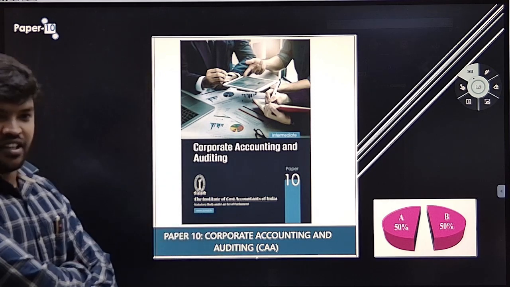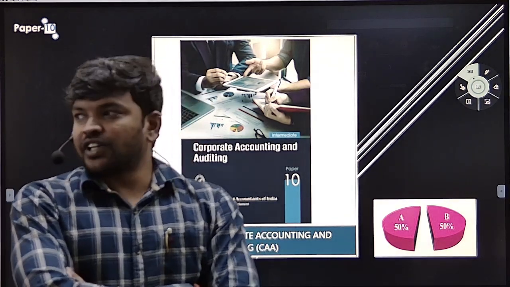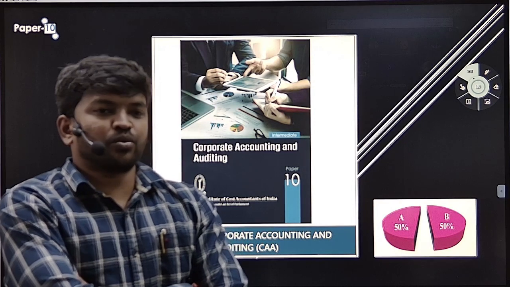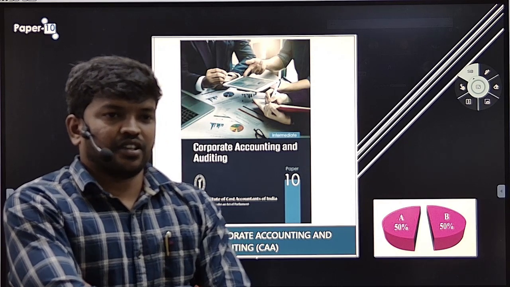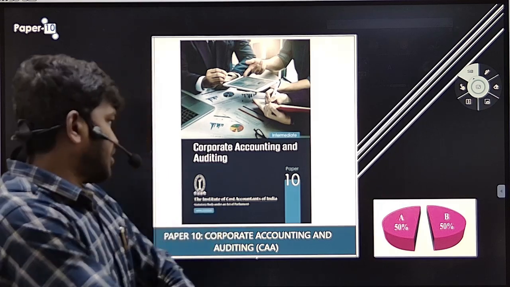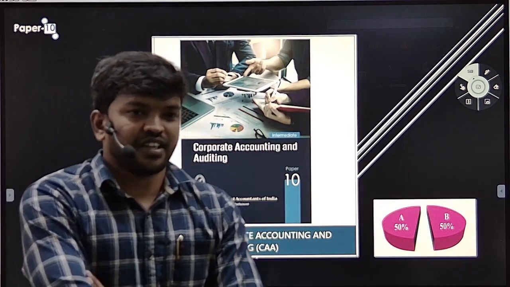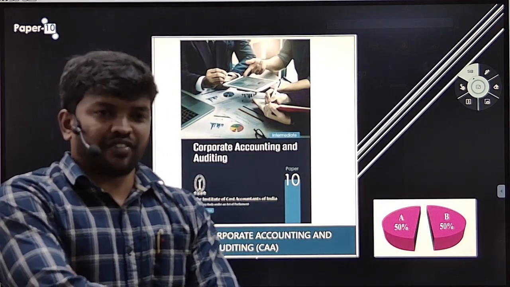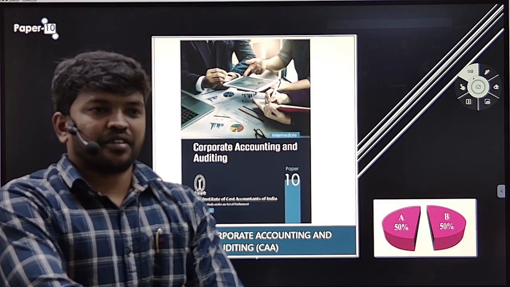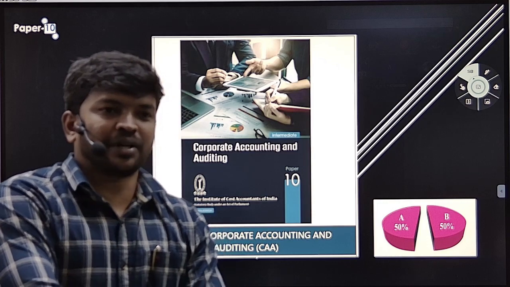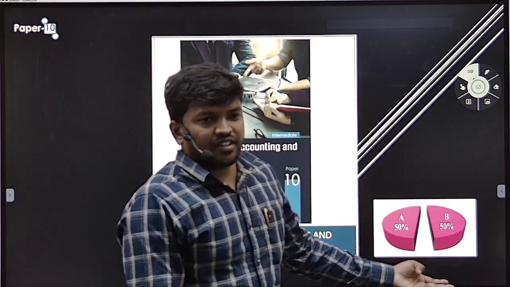But in December 2023, they have given more than 50 marks. So this weightage is just for guidance. It may not be exactly 50% in your paper. Be prepared in your mind that you might be getting more than 50 or less than 50.